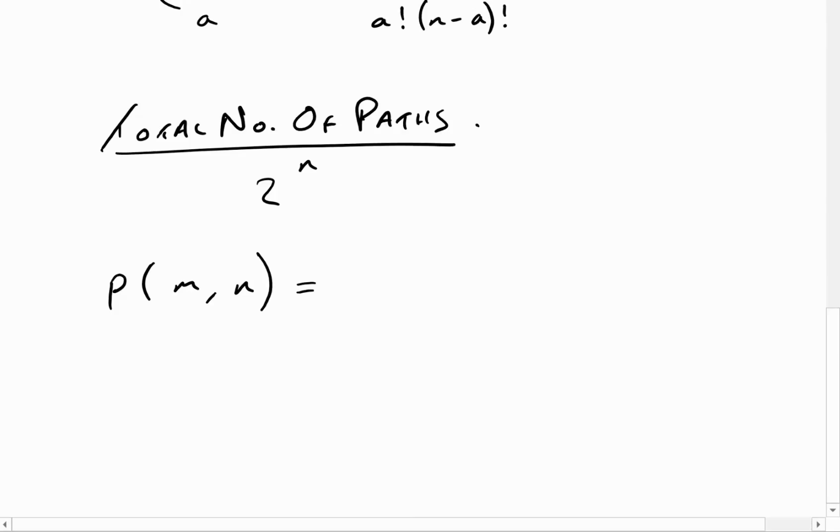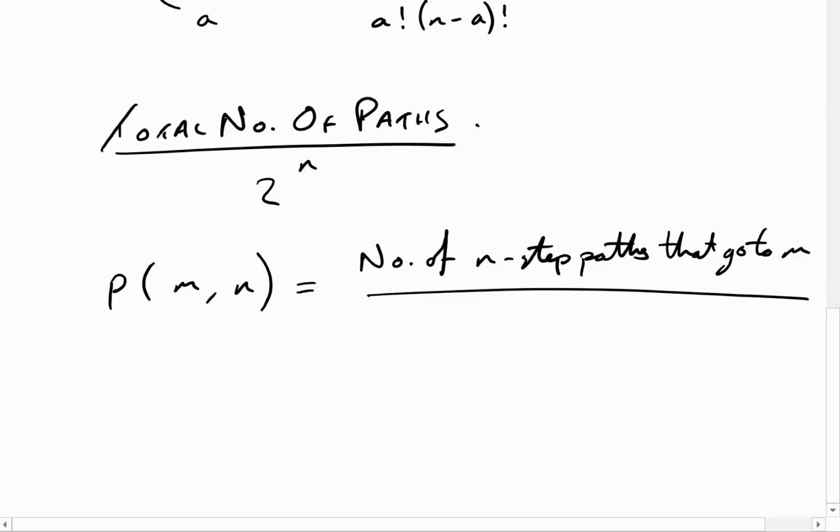Well, it's just basically the number of n-step paths that finish at, or go to, my position.